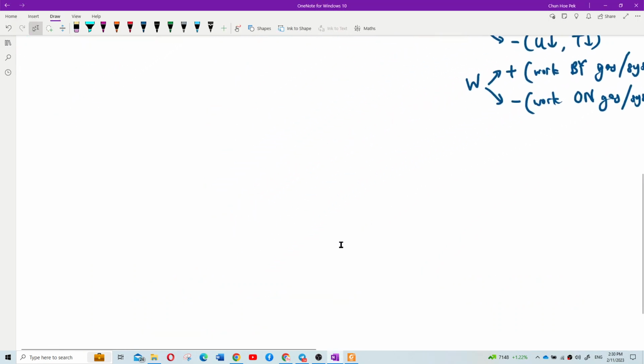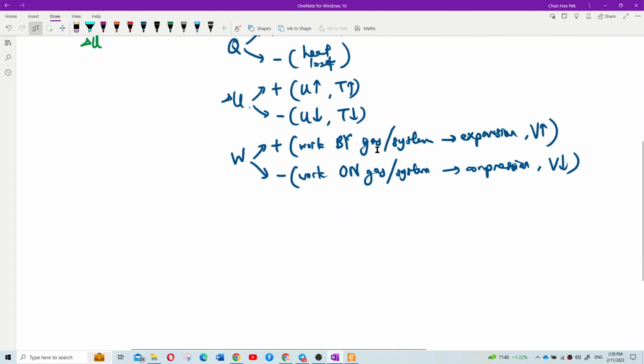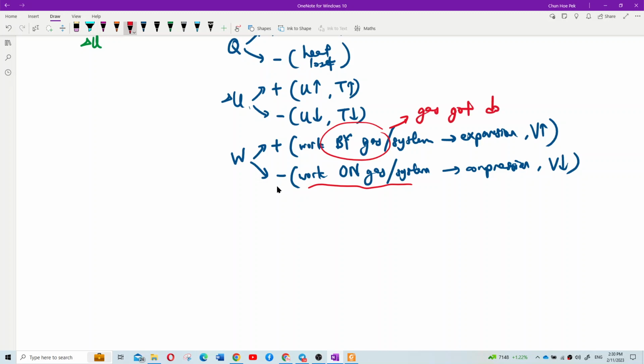Okay, this way lah, class. If the gas got do work, positive lah. If the gas doesn't do any work, negative. Can you remember that way? Work done by gas: gas got do work, so positive.